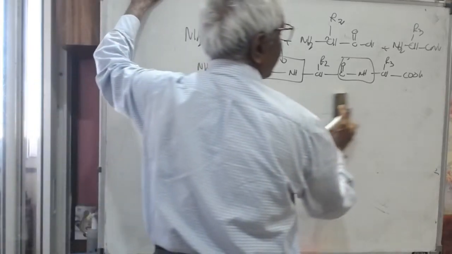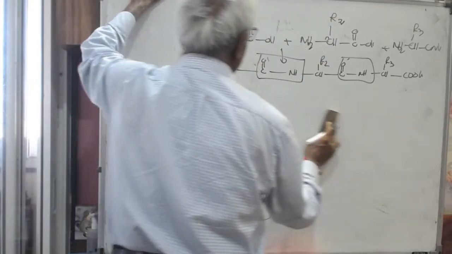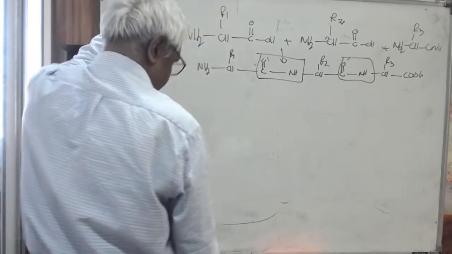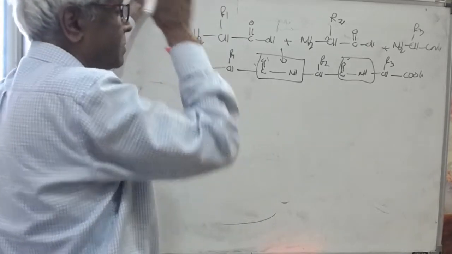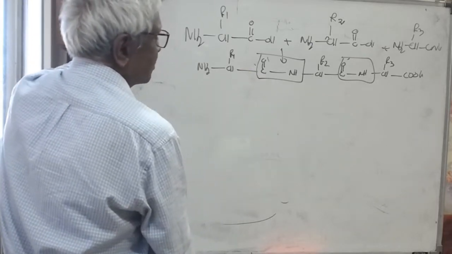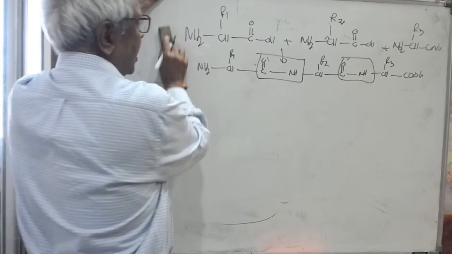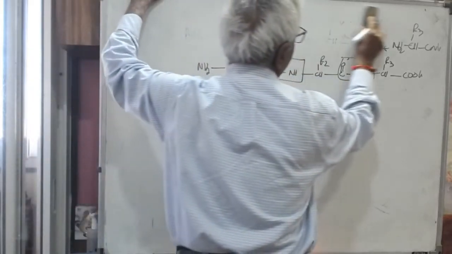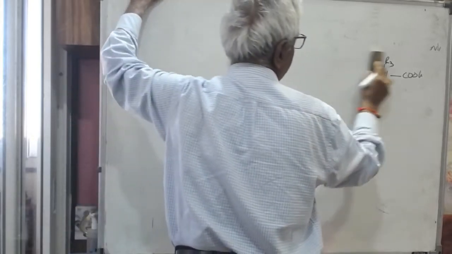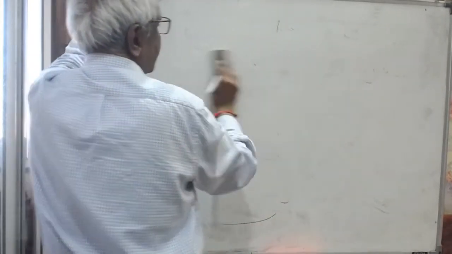A polypeptide, which is called protein, has N-1 peptide groups, that is, the number of amino acids minus 1. So a dipeptide has 1 peptide group, a tripeptide has 2, a tetrapeptide has 3, and a pentapeptide has 4.